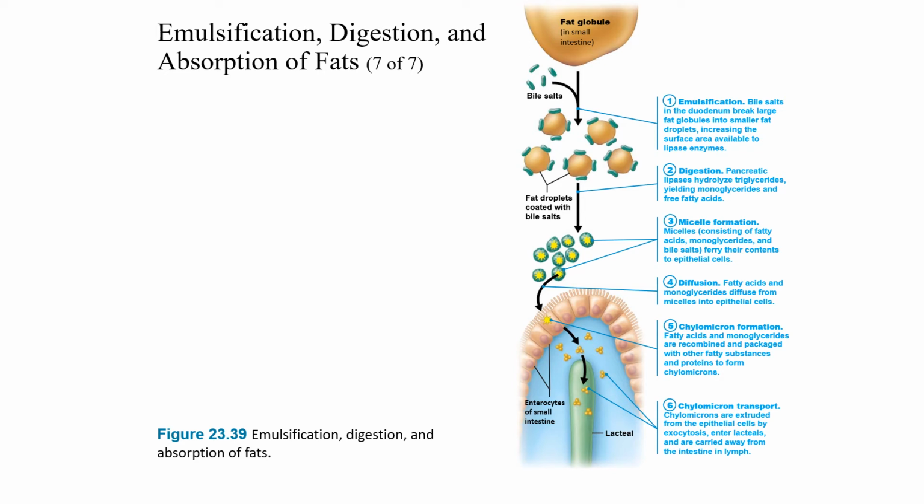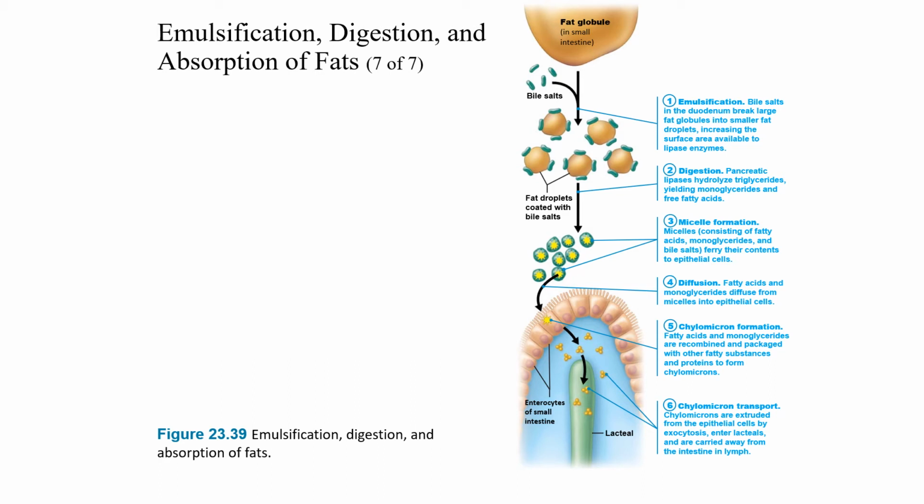And then we have the fatty acids and the monoglycerides diffuse from the micelles into the epithelial tissue, the columnar epithelial tissue, and from the columnar epithelial tissue forms what are called chylomicrons, okay?